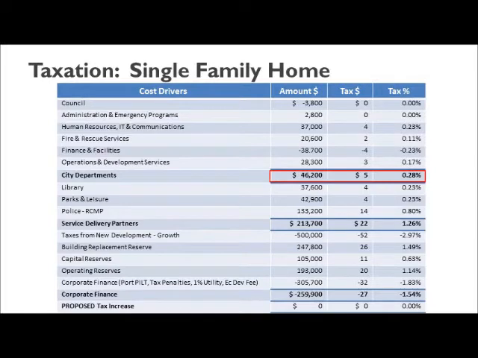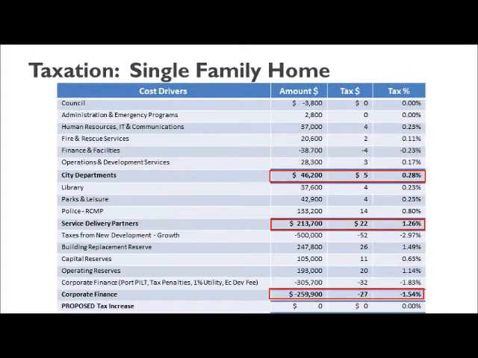City departments require $46,200 in additional tax revenue, which equates to $5 to the average assessed single-family home, or 0.28% tax increase. Our service delivery partners requested $213,700, amounting to $22 to the average assessed single-family home, or a 1.26% tax increase.